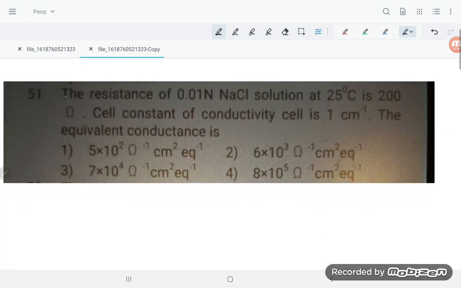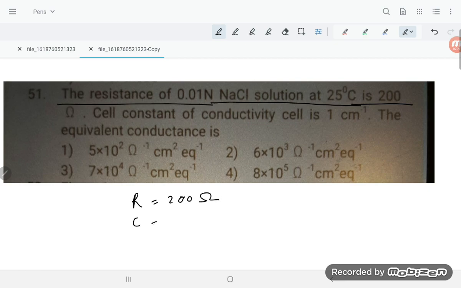Now the resistance of 0.01 normal NaCl solution at 25 degrees Celsius is 200, R is equal to 200 ohm. The concentration they have given is 0.01 normal. The cell constant of the given cell is 1 centimeter inverse, so L by A is 1.